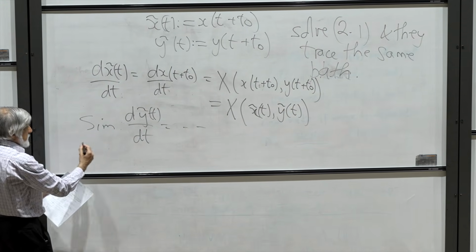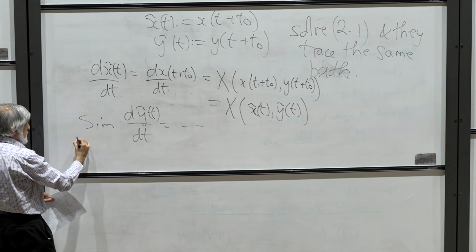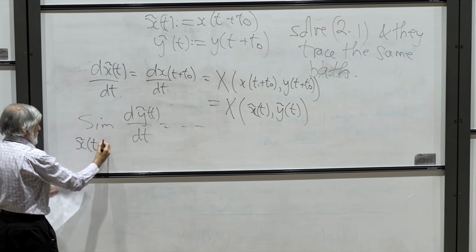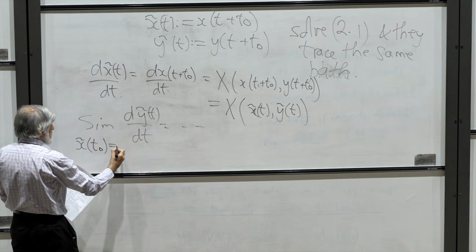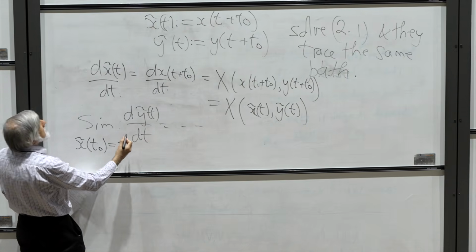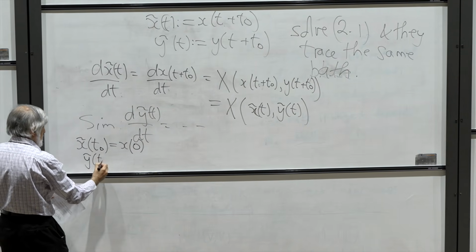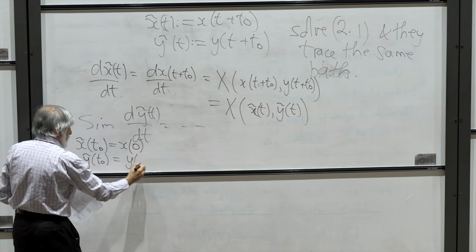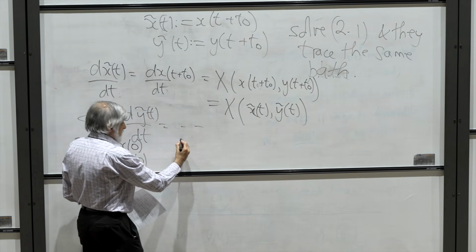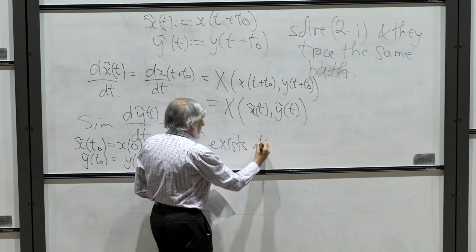And so that means, and then also we would have that x hat of t naught would equal x of naught, y hat of t naught equals y of naught, and therefore by Picard, a solution exists and is unique.